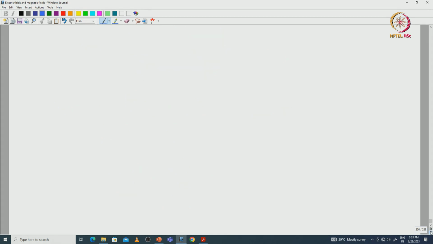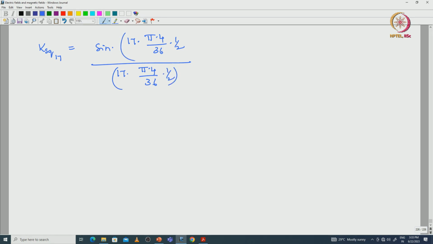Similarly, if we do it for all other harmonics, let us say the skewing factor for the 17th harmonic, that is the slot harmonic: sine of 17 into pi into 4 divided by 36 into 1 by 2, divided by the slot harmonic number 17 into pi into 4 by 36 into 1 by 2. This will give 0.0585, approximately 0.06.